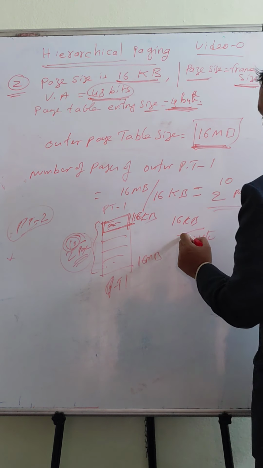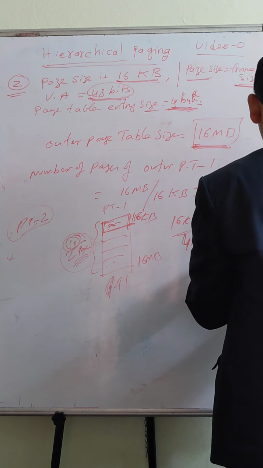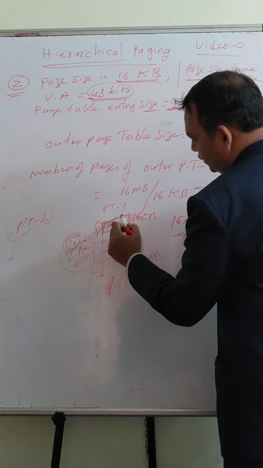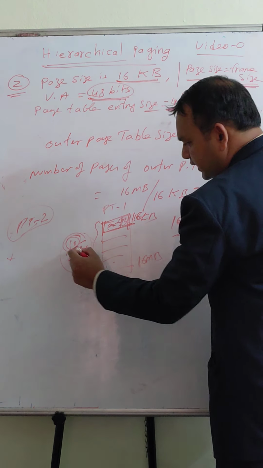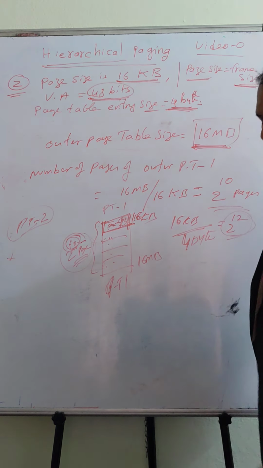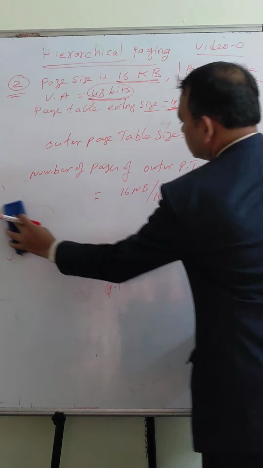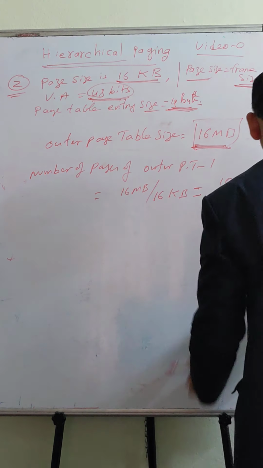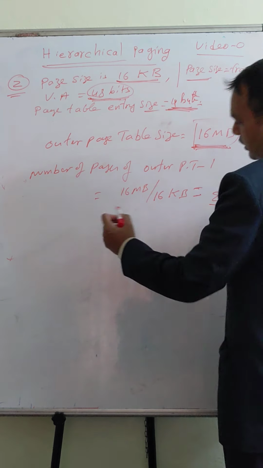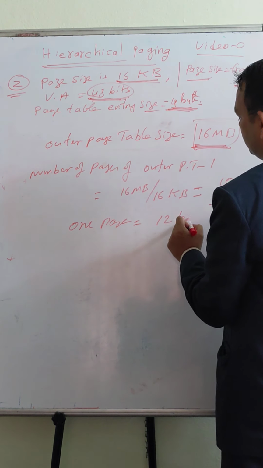We already saw 4 bytes. 16 KB divided by 4 bytes is 2^12 entries. So for the offset we need 12 bits to reach the entry, and 10 bits to select any one of the pages. Out of the 2^10 pages, within one page, how many bits? 12 bits.